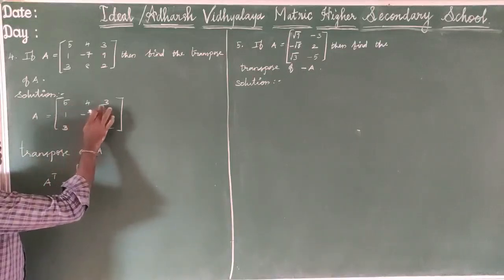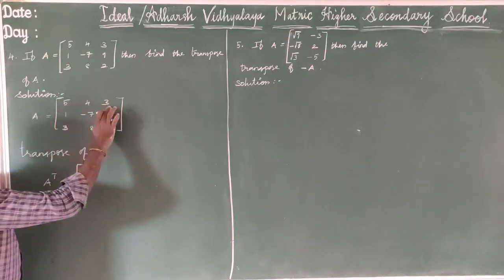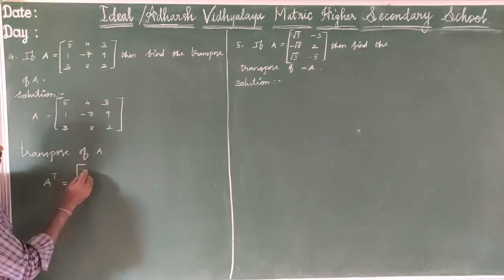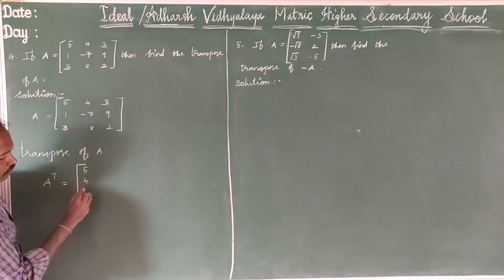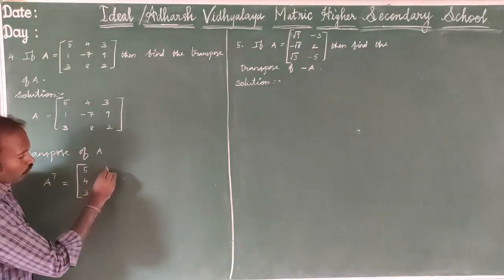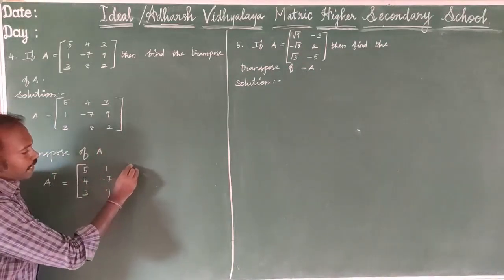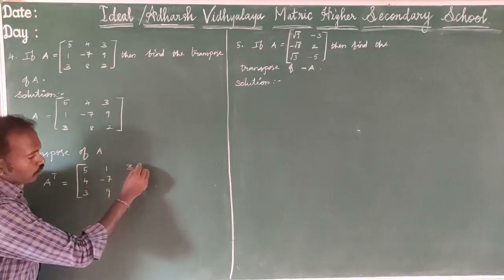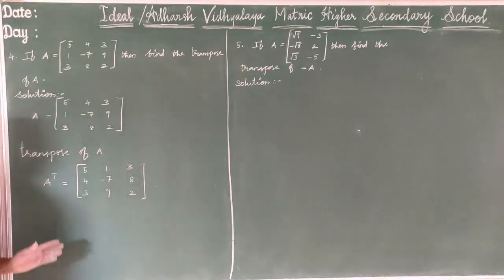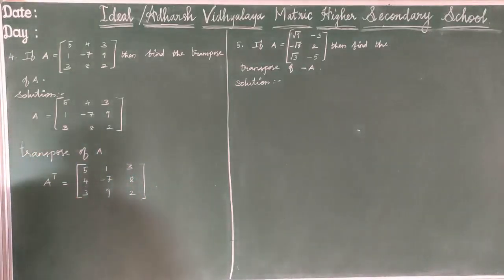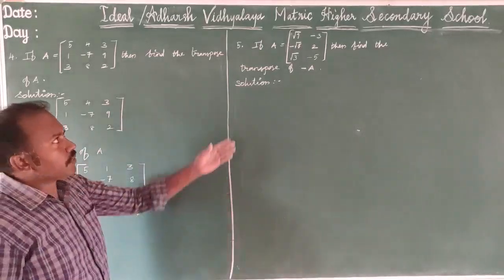The first row 5 4 3 becomes the first column, then 1 minus 7 9, and also 3 8 2. That is the transpose of A. That's all.